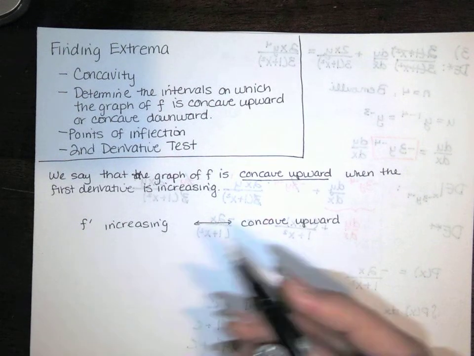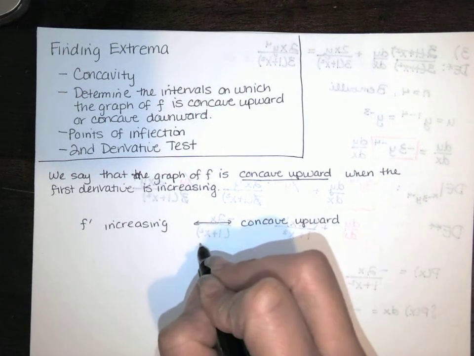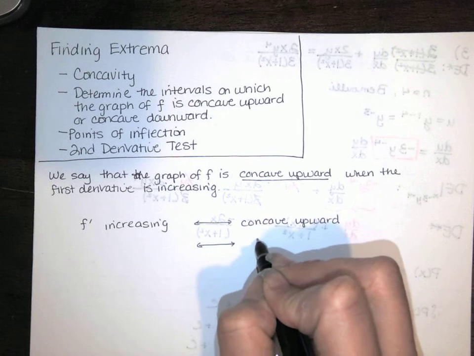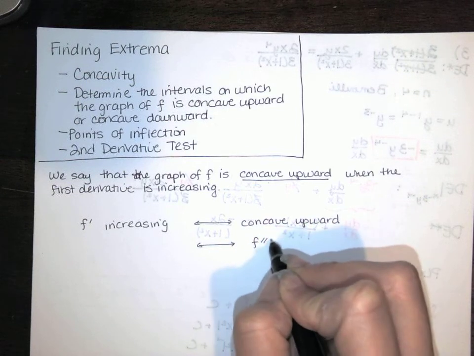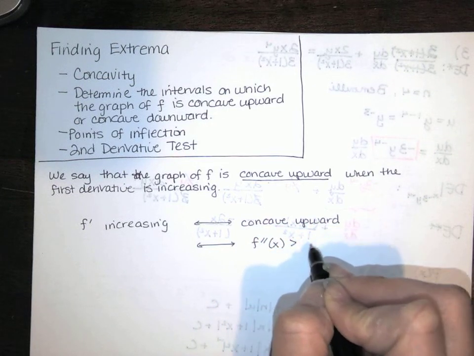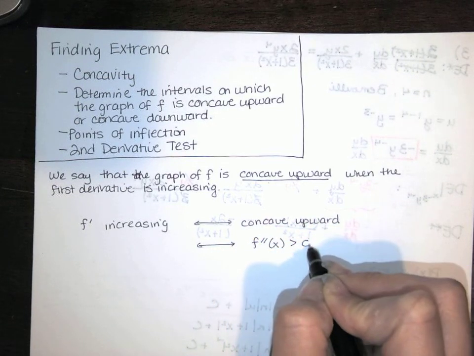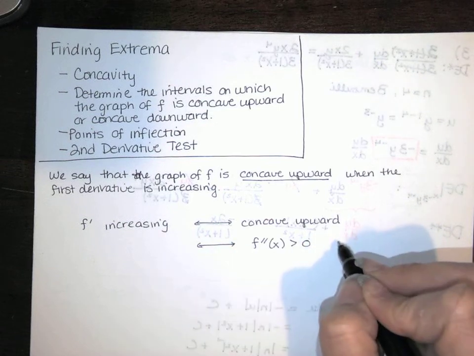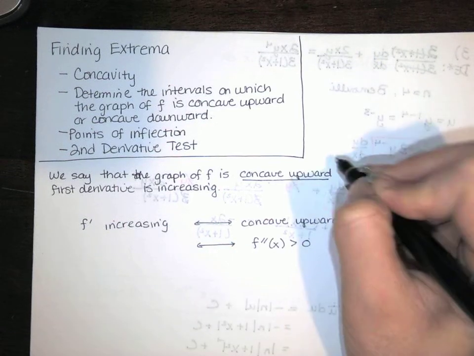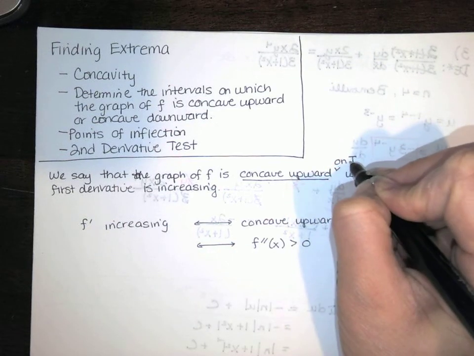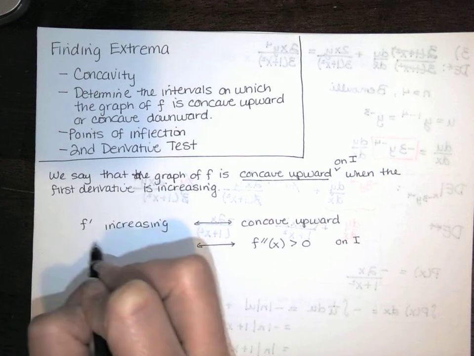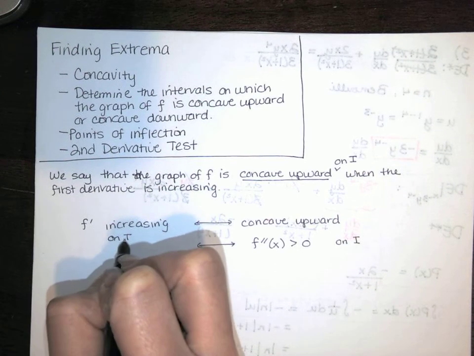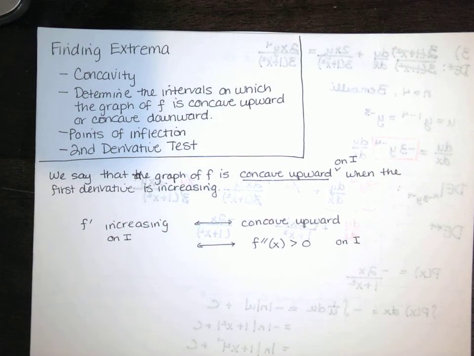So f prime is increasing, that means the graph is concave upward, and that also means that f double prime is positive on that interval. And we're usually talking about an interval I. So we'll say that this is concave upward on an interval I when the first derivative is increasing on the interval I, and all of this is true.